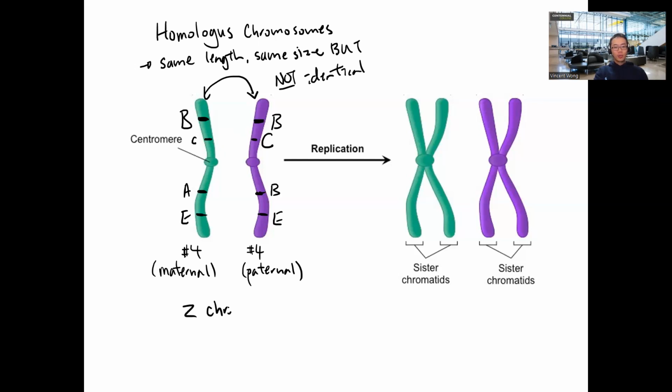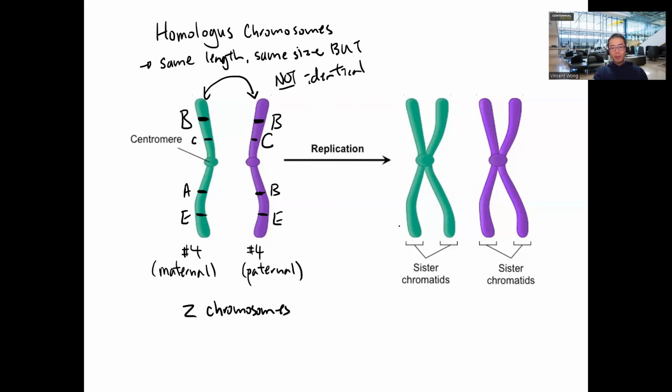Again, a chromosome is just really condensed, so it's easy to move them around and easy to see them. And then you're going to do DNA replication, making an exact copy of this maternal number 4.